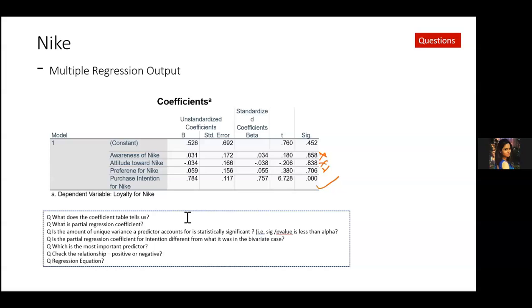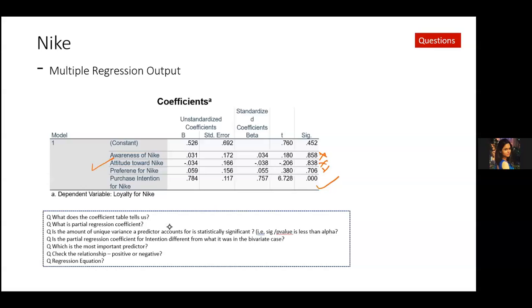Okay, so significant value is less than 0.05 for all the variables except purchase intention. अच्छा, इसमें से कौन सा variable is negatively related to loyalty? Attitude towards Nike. Yes, attitude towards Nike is the one which is negatively related.